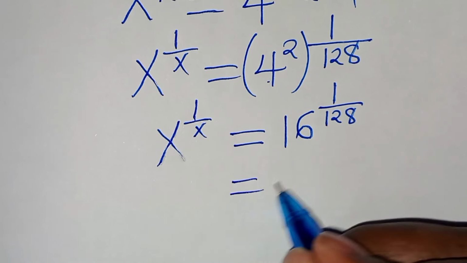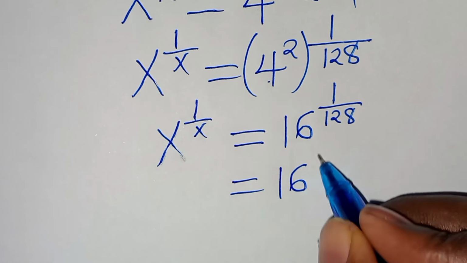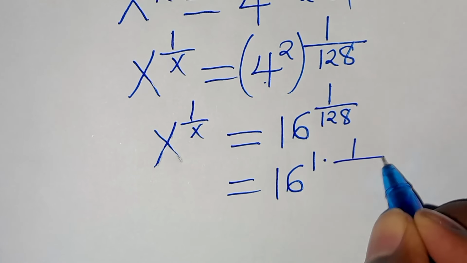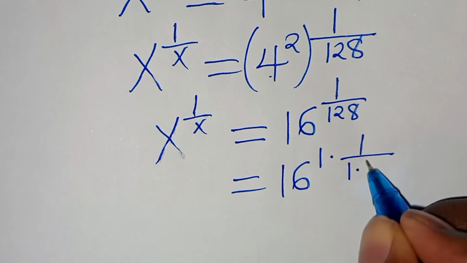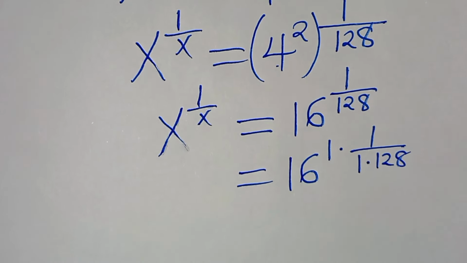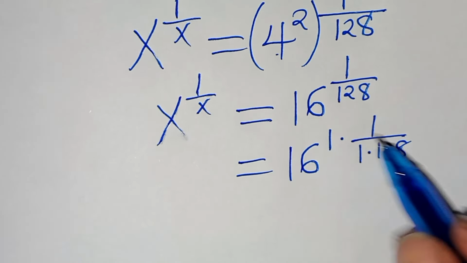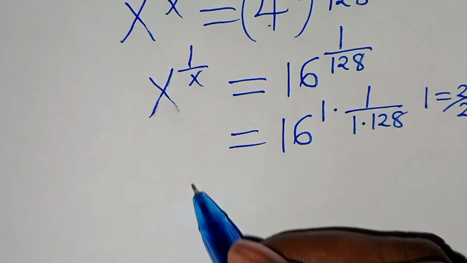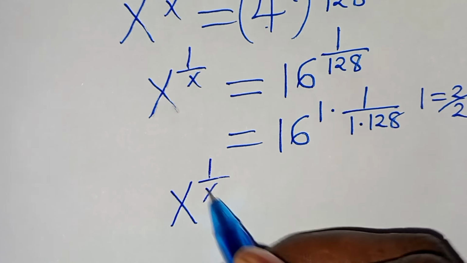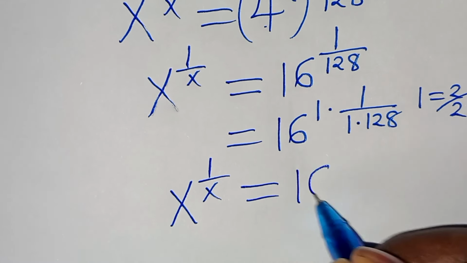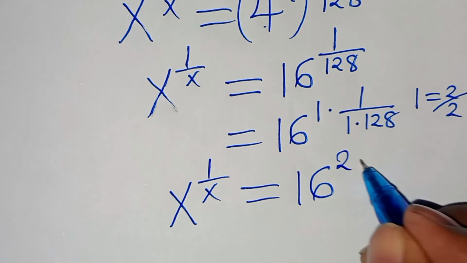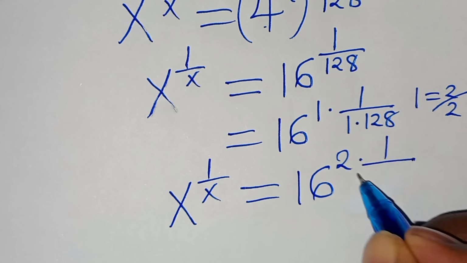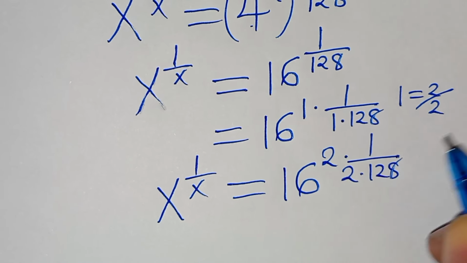Which we can express as 16 raised to the power of 1 times 1 over 128. So we can express 1 as 2 over 2. So we have x to the power of 1 over x equal to 16 raised to the power of 2 times 1 over 2 times 128.